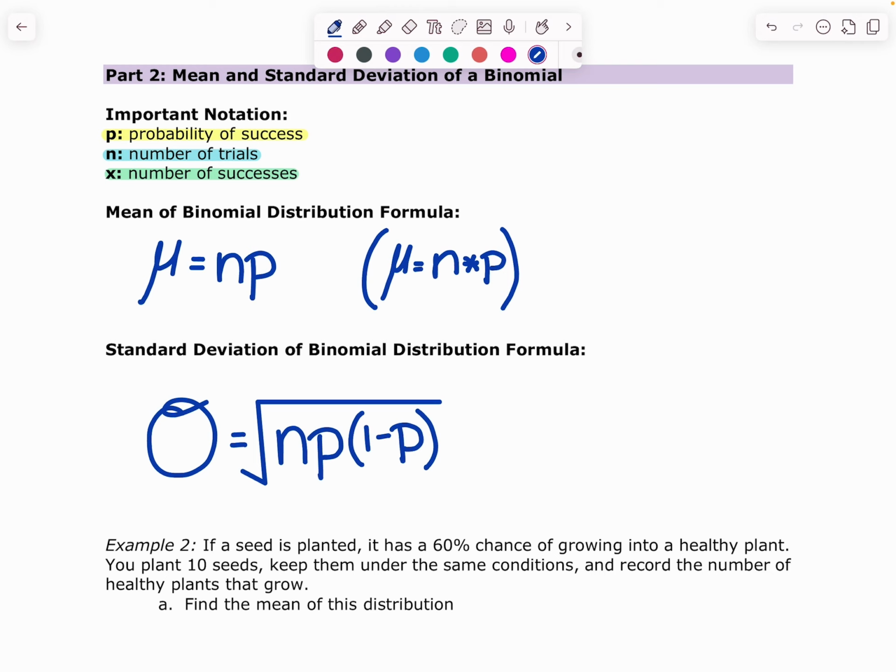Sometimes you will see this written as sigma equals the square root of npq, where q is 1 minus p. I don't tend to do that. Our textbook doesn't really do that.